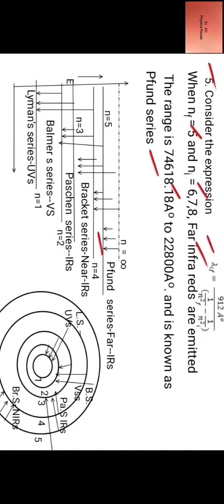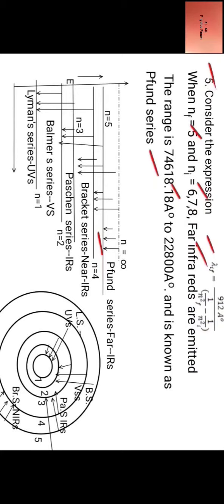So you actually substitute the values of nf and ni as mentioned here and calculate the range. You should verify the range I have given to you. So you will come to know about the wavelengths of different ranges, lower limit and upper limit.